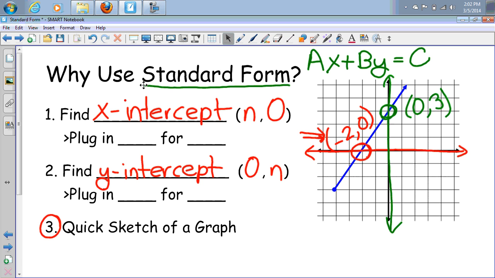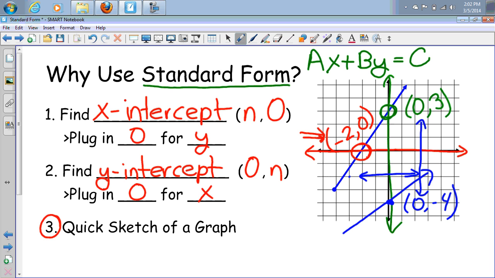If I had a y-intercept all the way down here, maybe my line went like this, it's going to be 0 because it doesn't move on our x-plane, and this number, which is -4. Note that these both have 0 as their x's. So when we're trying to find the x-intercept in our equation, we're always going to plug in 0 for y. For the y-intercept, we're always going to plug in 0 for x.